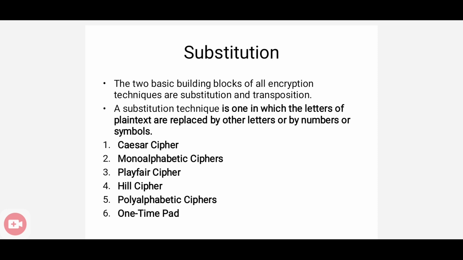We have 6 substitution mechanisms. One is Caesar cipher, second one mono alphabetic cipher, third one Playfair cipher, fourth Hill cipher, fifth one poly alphabetic cipher, and last one one time pad.